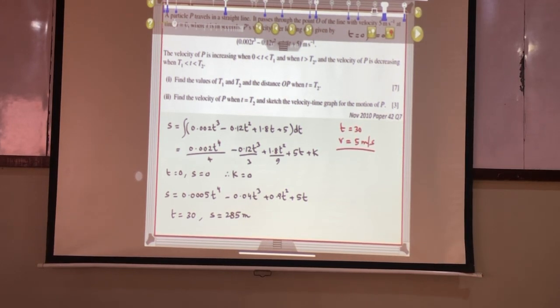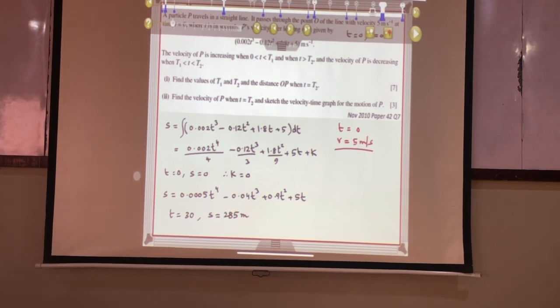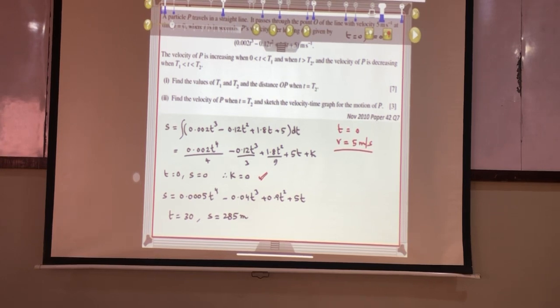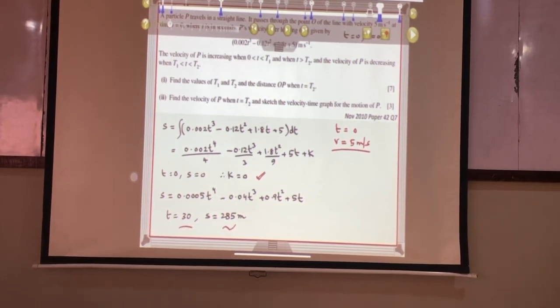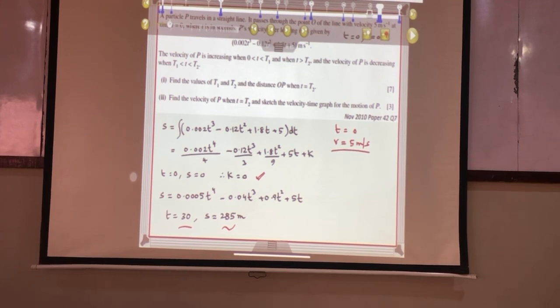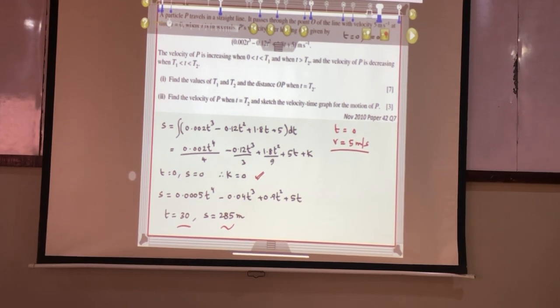Actually, that thing I need to correct. This is t is 0 and v is 5, but I don't need it as such right now. When t is 0, s is 0, therefore k comes out to be 0. When t is 30, s comes out to be 285. That means if I want to, I could have integrated it between the limits 0 and 30.